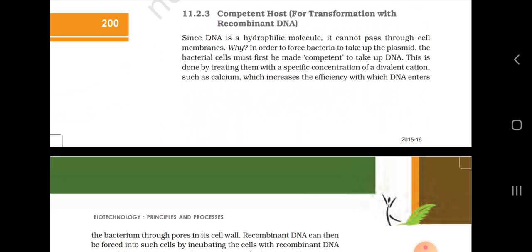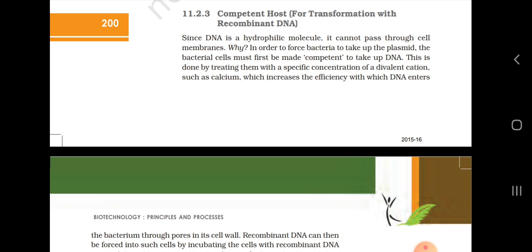If you recall the structure, the heads were hydrophilic, but the lipid tails were hydrophobic in nature, so water cannot pass through them easily. Therefore, bacteria should be made competent to accept the DNA molecules. Competency is the ability of a cell to take up a foreign DNA.